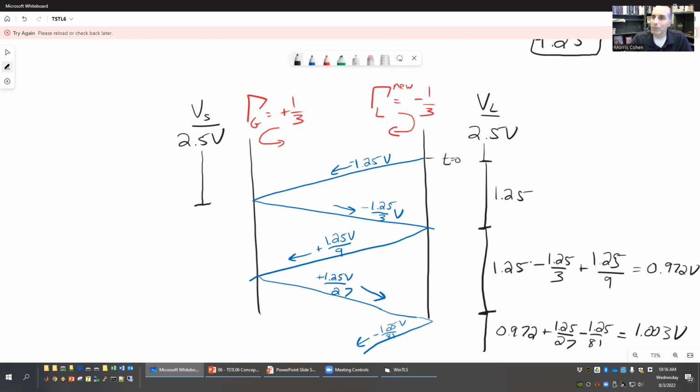Okay, let's do the same thing for the source, just to show that all this is possible, right? The source voltage is not going to change until that first initial wave reaches, at which point it's going to go from 2.5, and we're going to add up the value of the wave that comes in, which is negative 1.25, and we're going to add up the value of the wave that reflects. Let me move this over.